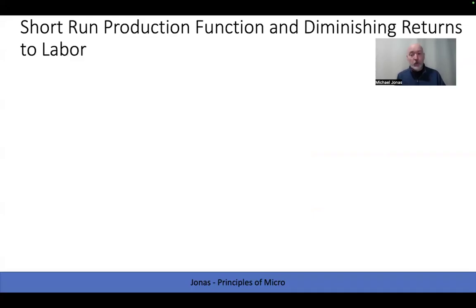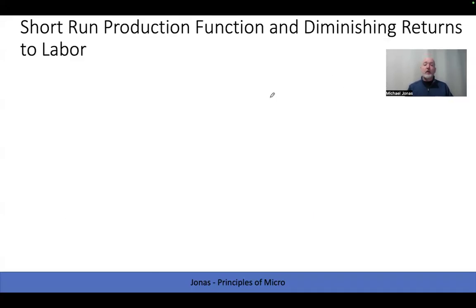So we have to take a little bit of a detour here before we bring it back to that cost function. And we have to focus on this relationship between labor and output, giving us our labor productivity. And luckily, there is a very straightforward and well-established mathematical relationship between these two things, labor input and output in the short run.